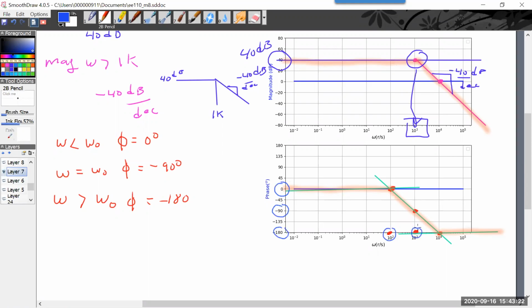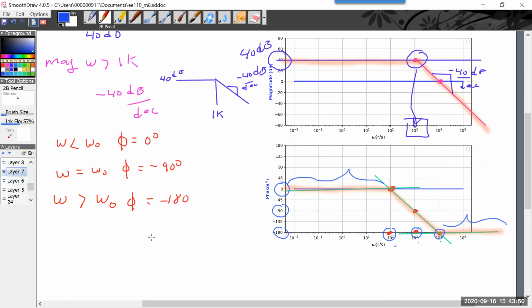I need that value shown and that value shown. But you also have to show that it's flat and then changes, and then it flattens out. So you need to show this curve: flat, slope, negative slope, flat. It changes here, it's going through minus 90, and then it changes there.